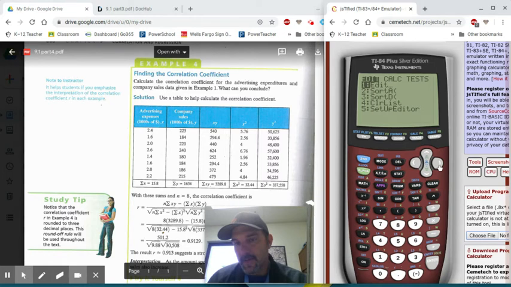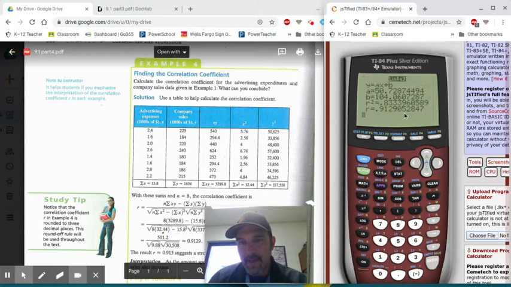My calculator is getting laggy. I'm going to go over to calc, and this LinReg stands for linear regression. It gives me an ax plus b instead of y equals mx plus b, but that's okay. I'm going to hit this. I'm going to make sure my x value is in L1 and y value is in L2. I'm going to hit calculate.